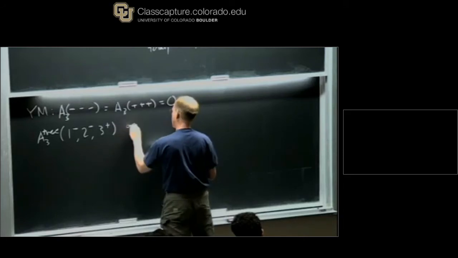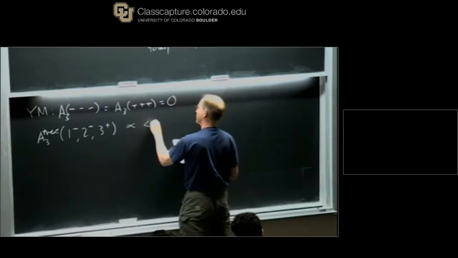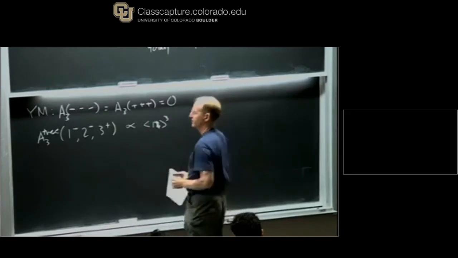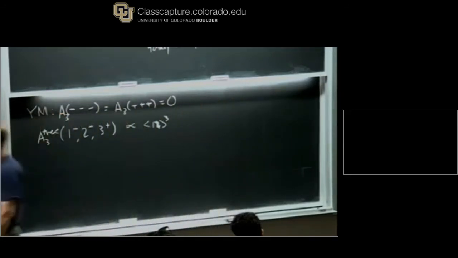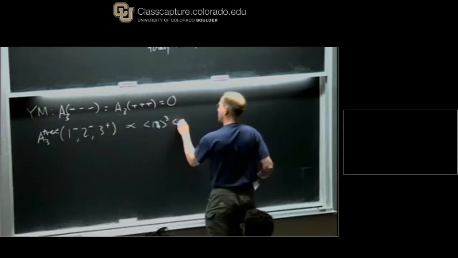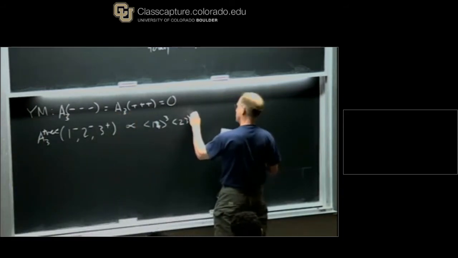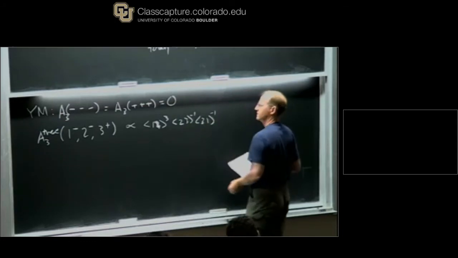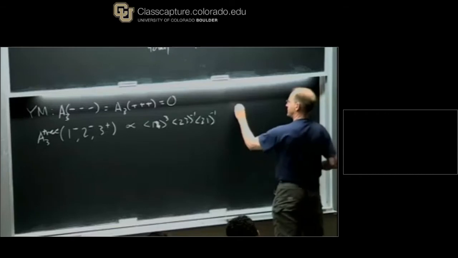So this has to scale like <12> cubed, because this is now plus 1, and then these two minus 1s have minuses in front of them. And then <23> to the minus 1, <31> to the minus 1. Well, that's basically the right formula.